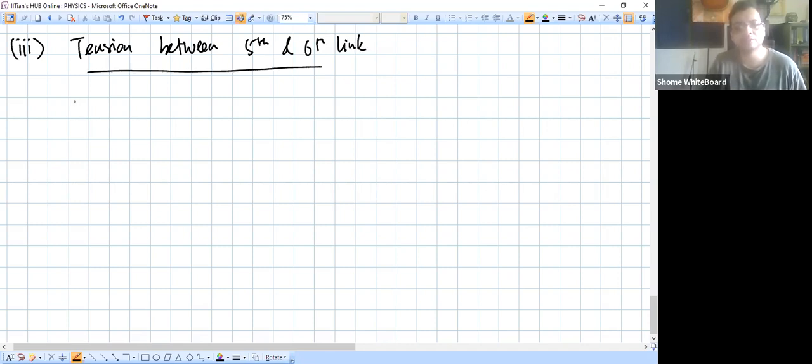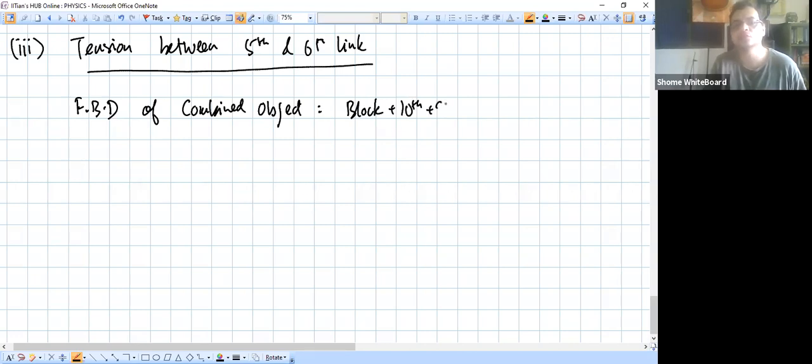So we'll make an FBD of the combined object, which will be the block plus 10th plus 9th, like this, up to the sixth link. Okay, so 10, 9, 8, 7, 6. So we'll have 5 links. Okay, so we have the block plus link number 10, then link number 9, then link number 8, then link number 7, then link number 6.